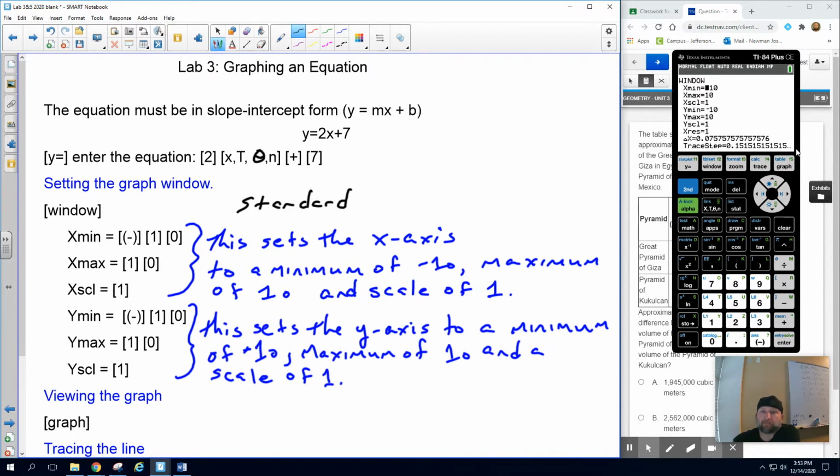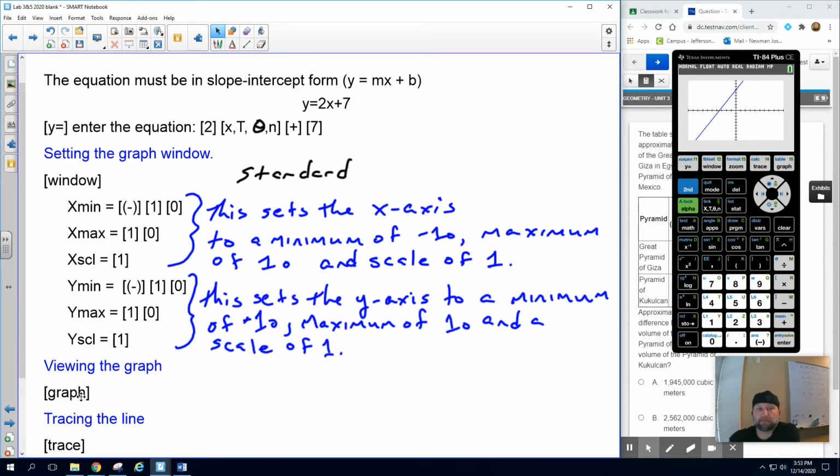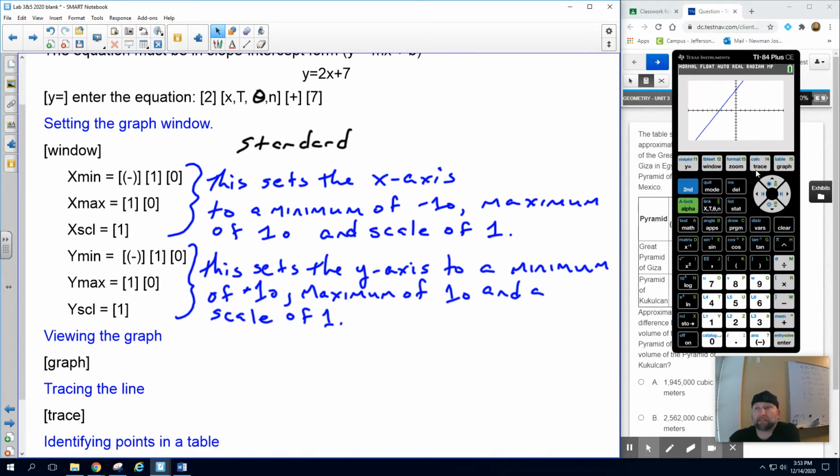Then we can hit graph in order to actually view our equation. And so here's what we have. It's important to know what your scale is because, as you can see, there's no numbers here. So you have to know what the scale is going to be. Now, from here, we are able to trace the line. Tracing the line is helpful.